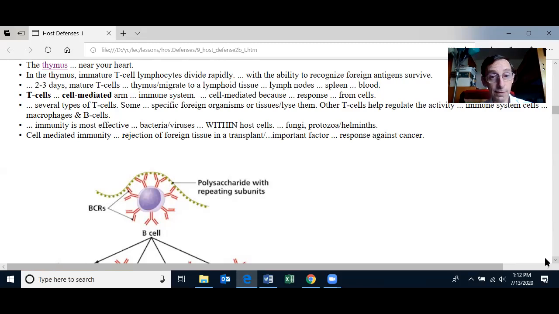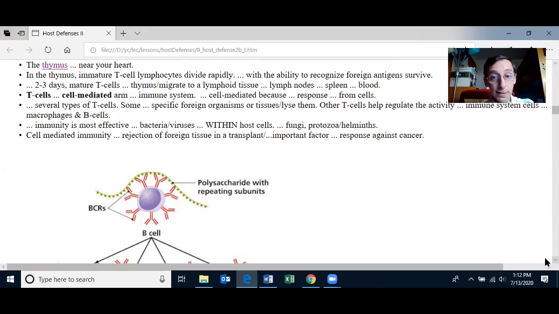Some of the T cells can find a cell that has the antigen that the T cell is responding to, and the T cell can bind to it and then actually lyse that cell. And we'll talk more about the T cells in a little bit after we talk about the B cells, but some of the T cells can actually lyse foreign cells that enter the body.